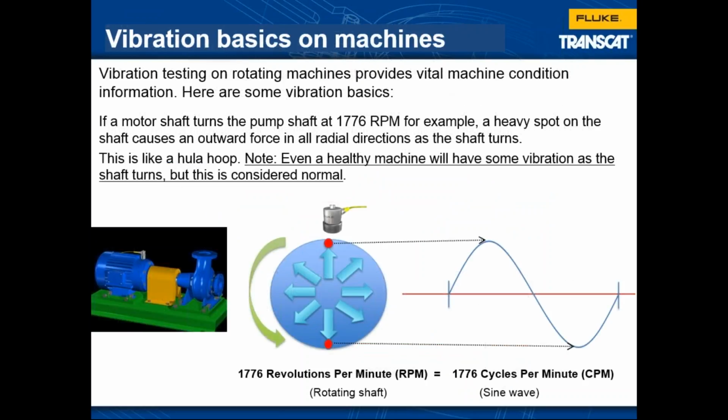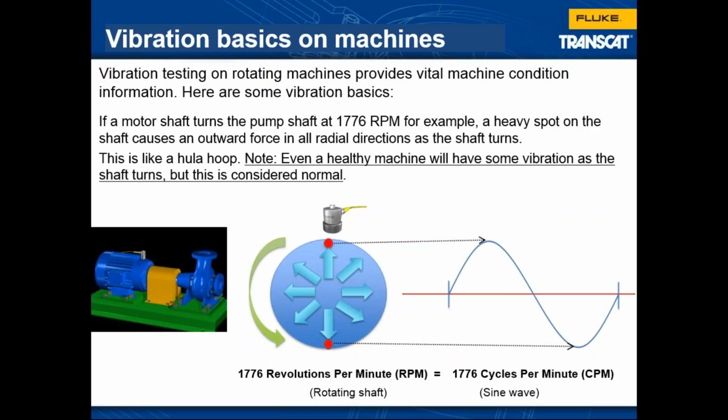Okay, so let's see how that works on a real rotating machine. On a real rotating machine, if you've got some vibration of a rotating shaft, keep in mind, even a healthy machine is going to have vibration. Think of this big heavy mass of metal rotating at 1775 RPM.